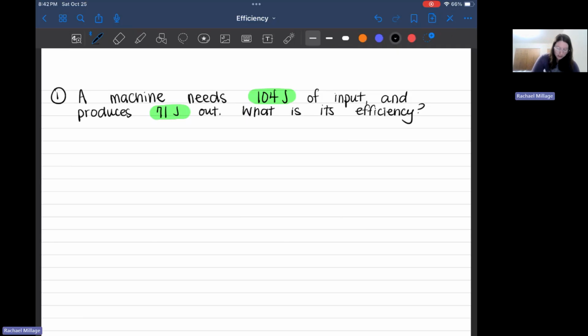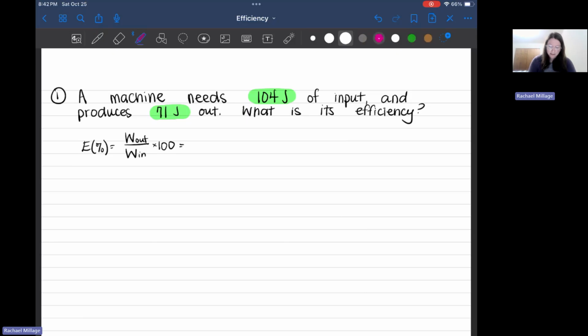We know that my equation is efficiency as a percent is equal to work out divided by work in times 100. Well, which one of these is my work in and which one of them is my work out?